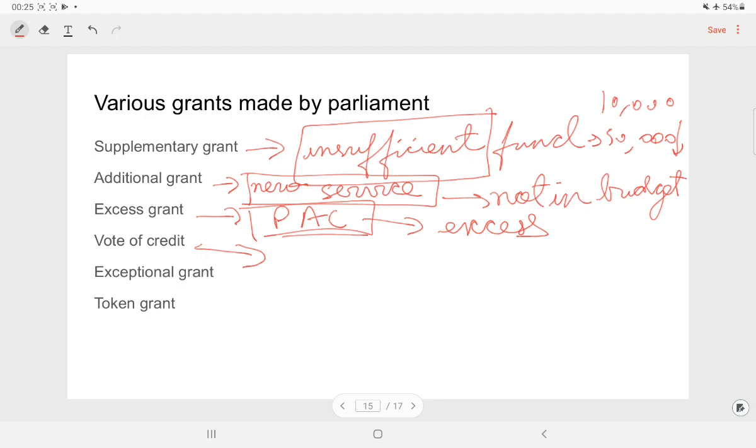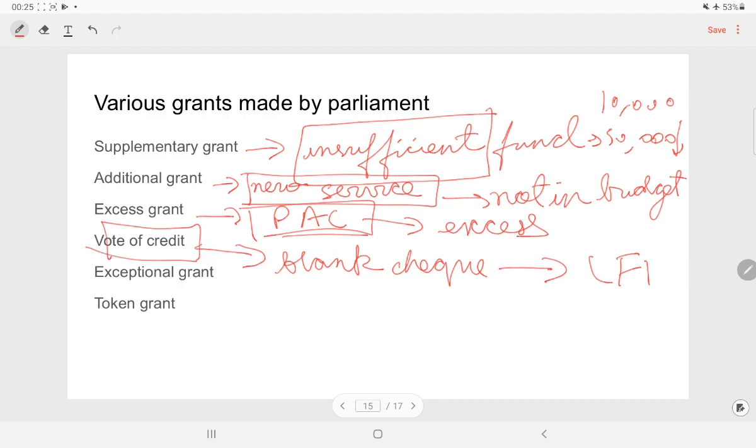This demand cannot be stated with the details that are given in the budget. COVID is the best example for this. It is unprecedented. Even the Economic Survey said that it is unprecedented, and we all know. So it is like a blank check. Whatever money they need, the government can issue from the CFI due to this vote of credit.